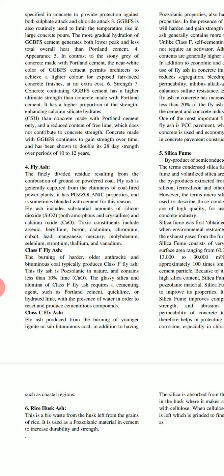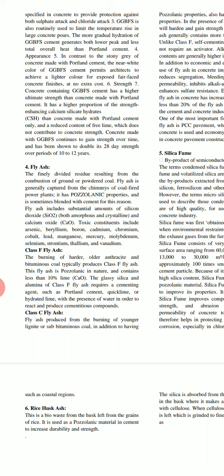We'll see what those fly ashes are and which is used in concrete. The burning of harder, older anthracite and bituminous coal typically produces class F fly ash. When you burn anthracite coal or bituminous coal, it produces class F fly ash. This fly ash is pozzolanic in nature and contains less than 10% lime.